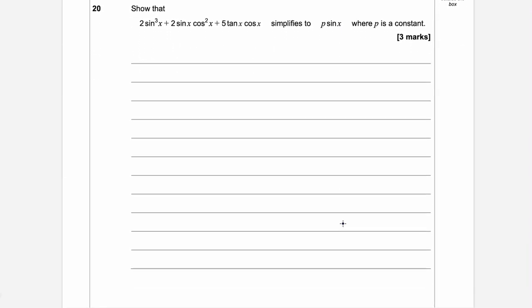Okay, question 20. Show that this simplifies to p sine x, where p is a positive constant. Definitely, guys, there's going to be a Pythagorean identity in here, and there's going to be sine over cos in here. Let's have a look. I think let's take out a sine here. So if I take out a sine x, I'll take out a 2 sine x from the first 2. So this is 2 sine x into sine squared x plus cos squared x, which is immediately what I wanted, because that's going to be 1.